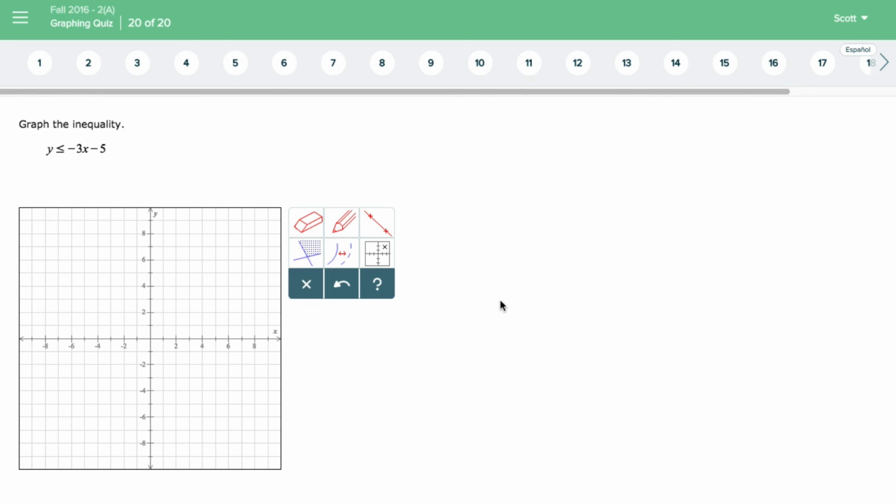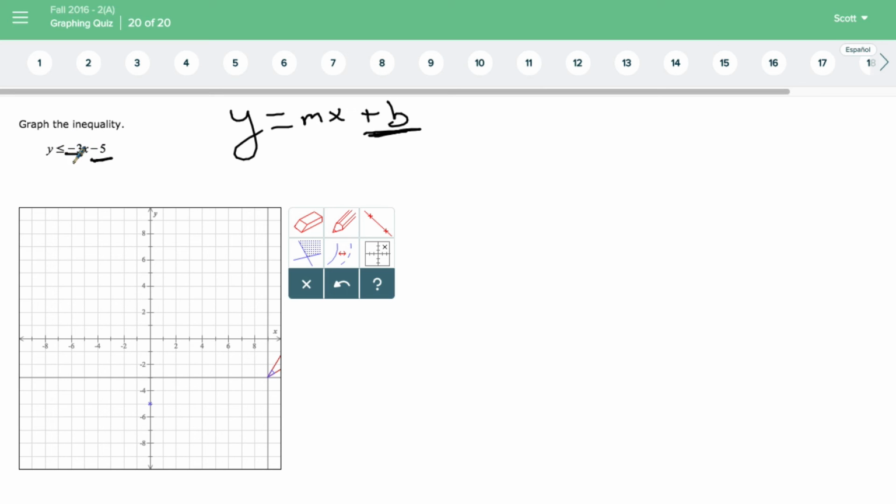And finally, number 20. This is an inequality. I'm going to treat it the same as a line, though. I'm going to graph it. So here's my y-intercept. Remember, y equals mx plus b. I know it's going to cross right there at -5. So I'm going to put a point right there at -5. And then my slope is -3.